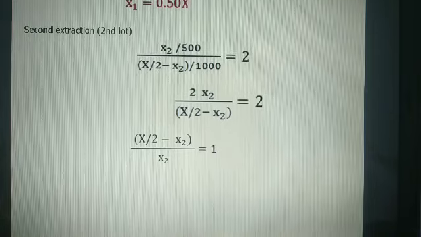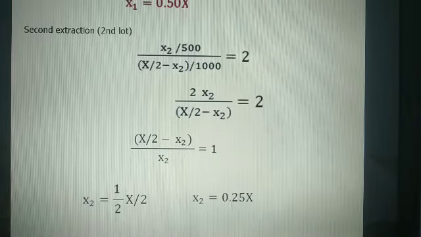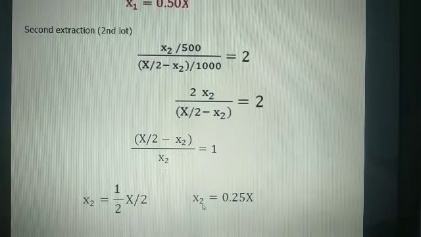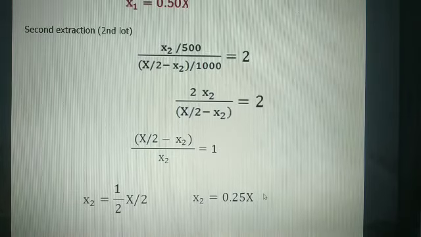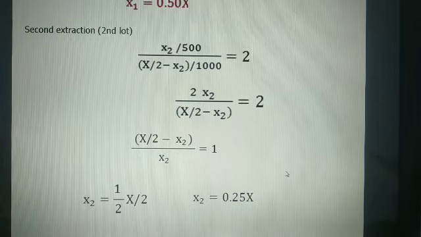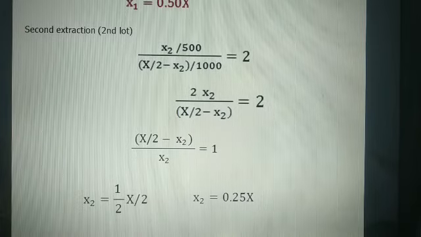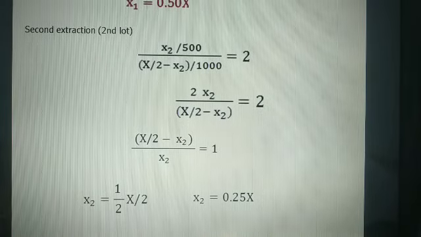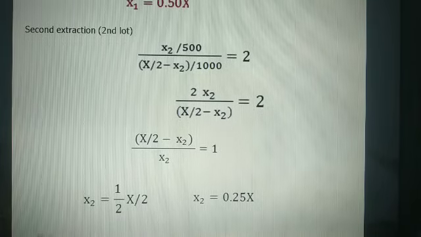Go on solving the equation. As you solve the equation, you will find that x2, the second extraction, is 0.25x. It means 25% of the total it will extract in the second extraction.